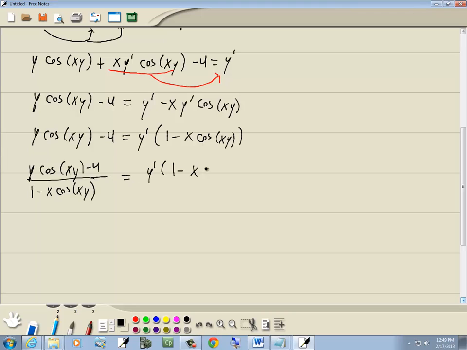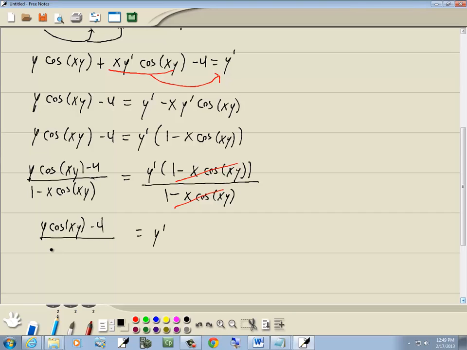When we do that, this 1 minus x cosine xy cancels with that. And we got y prime is equal to y cosine xy minus 4 over 1 minus x cosine xy. And that's our answer.